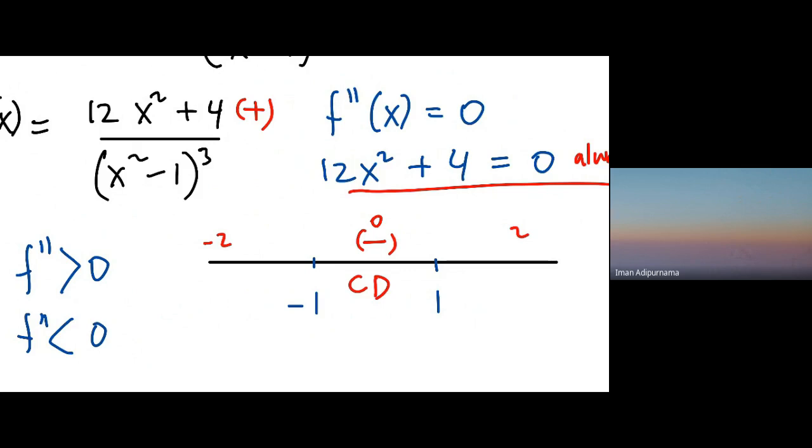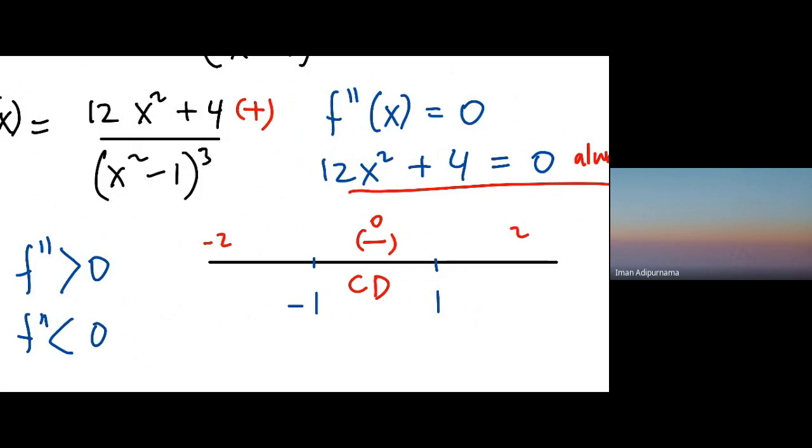This is positive because x squared makes it positive: 4 minus 1 is 3, and 3 cubed is positive, right? So check negative 2 here, and check 2 also.